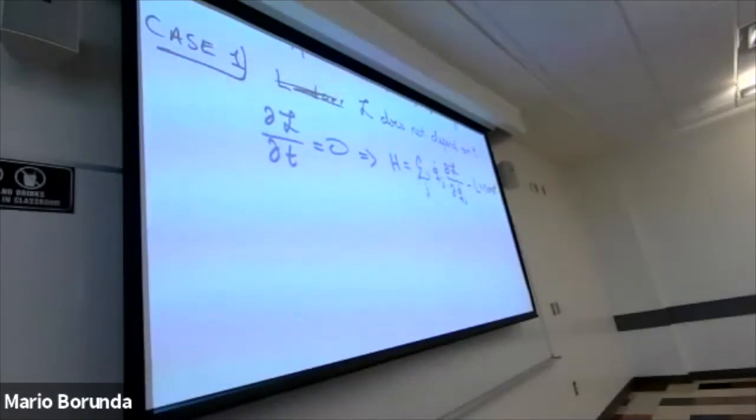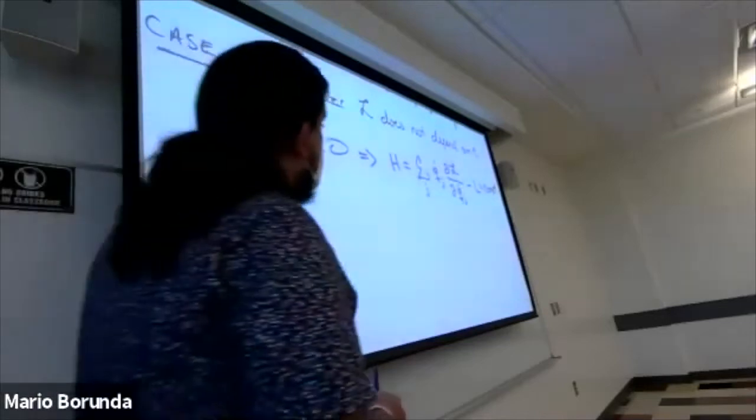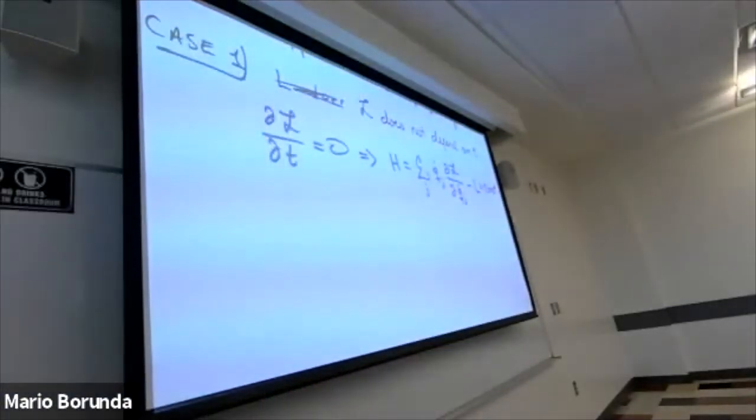So what we have now is that this new function h is a function of q and a function of p, and you guys know it because this is the Hamiltonian. And what is the Hamiltonian? Energy, right? Total energy of the system. So if your Lagrangian doesn't depend on time, then you know that the total energy of the system is conserved.